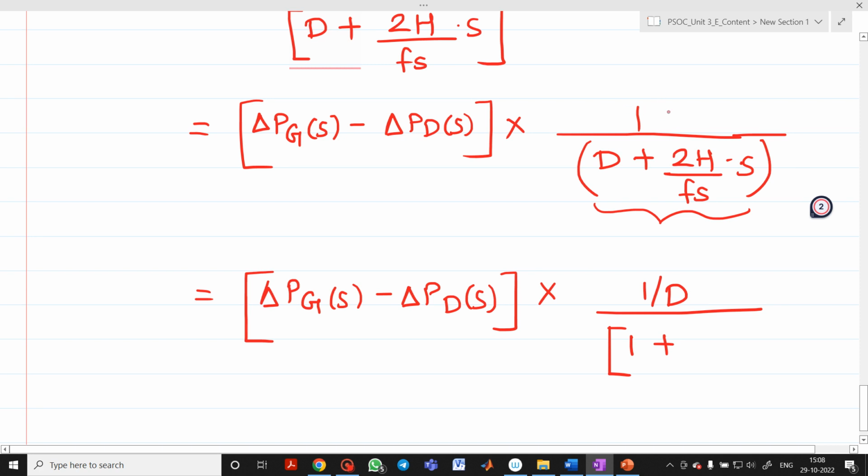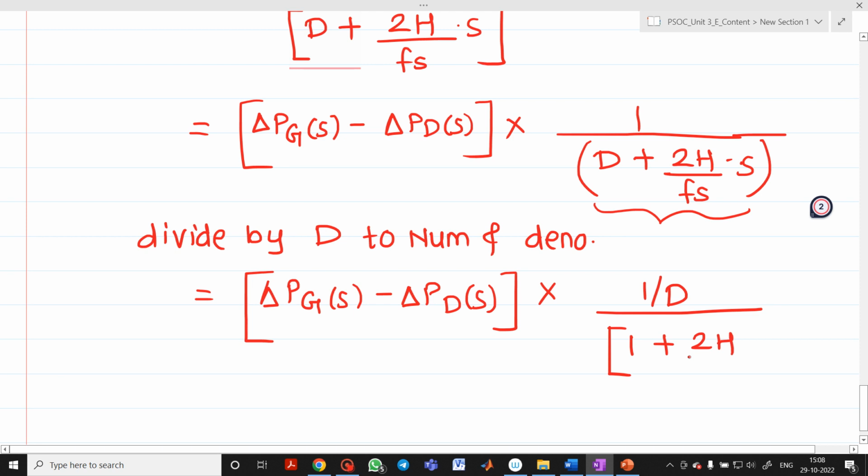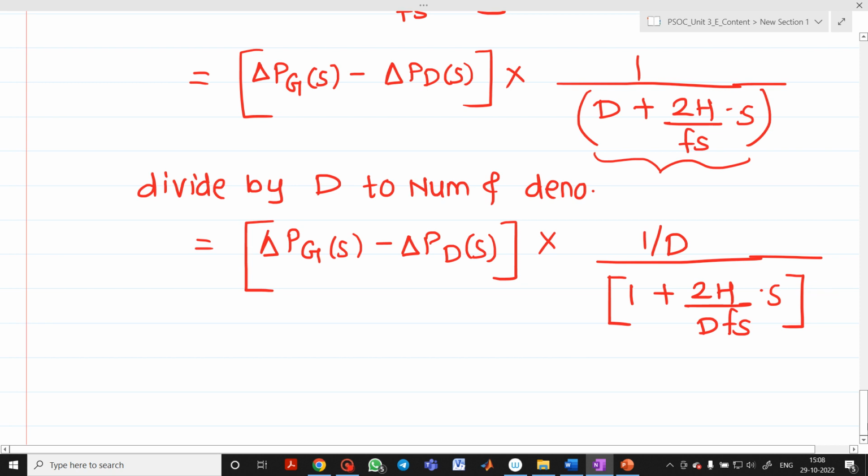We are going to divide by the load damping factor d in numerator and denominator. So here I will get 1 by d, and here I will get 1 plus 2h upon d into Fs into S. I think you all have understood what is to be done.